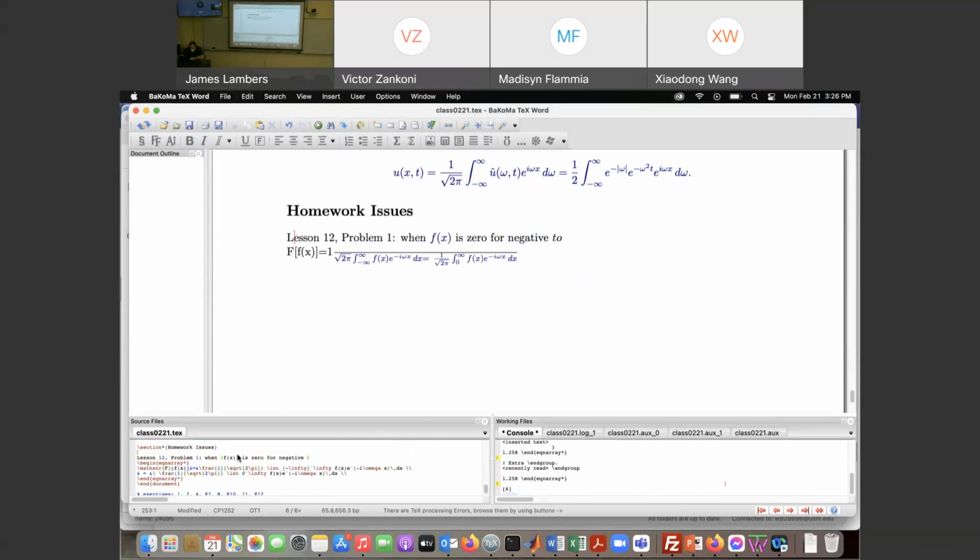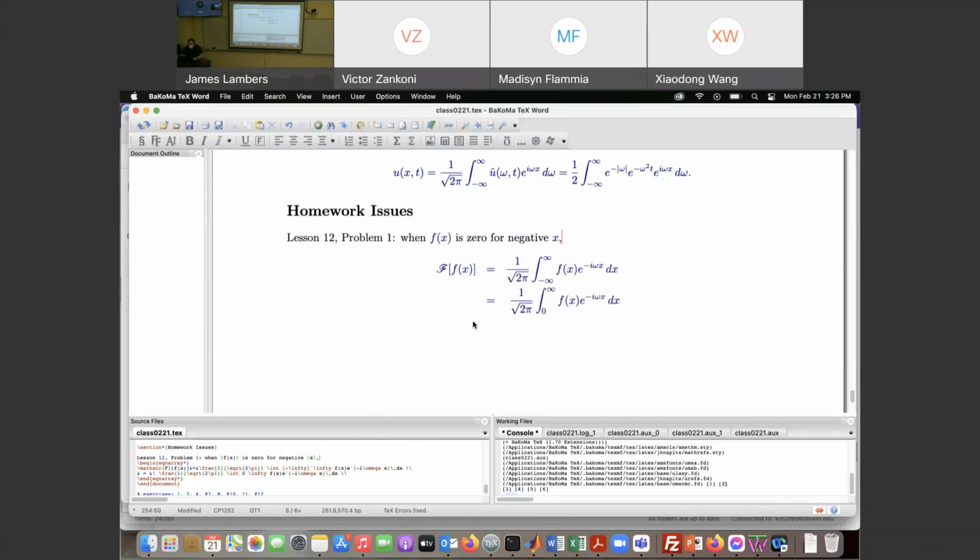What we're providing is just, in the general case, how to express the Fourier transform of a function that's 0 for negative x in terms of a Fourier sine and cosine transform.